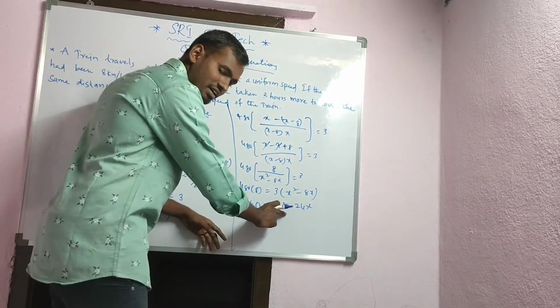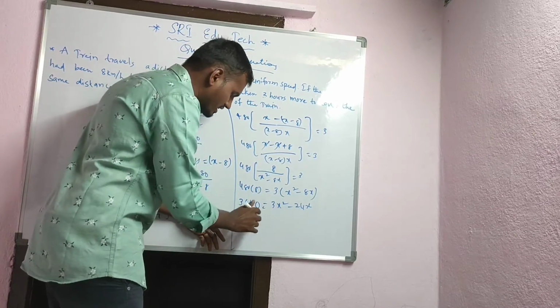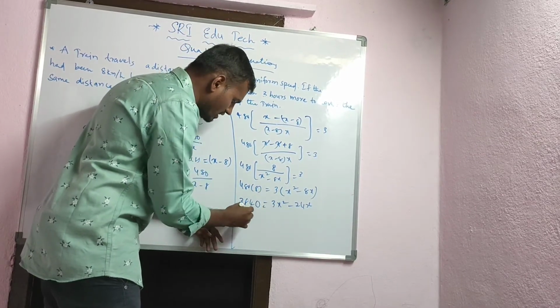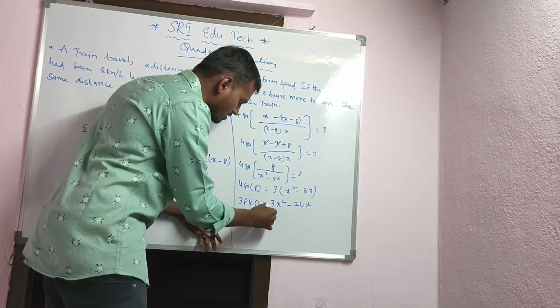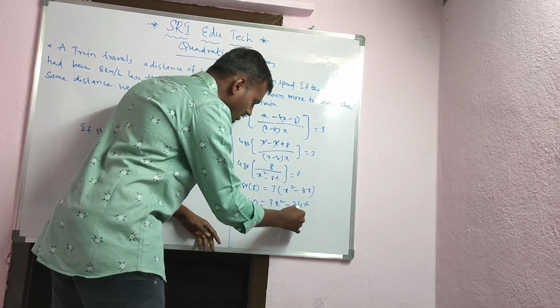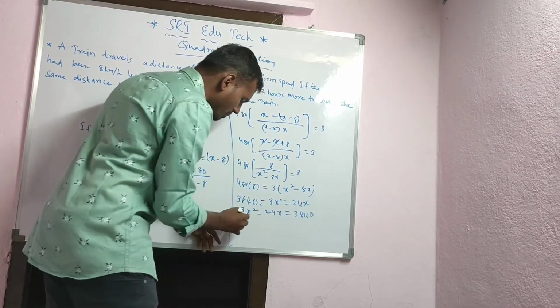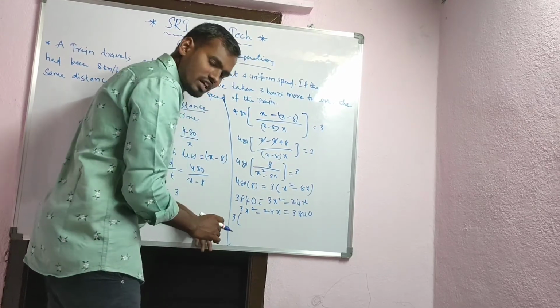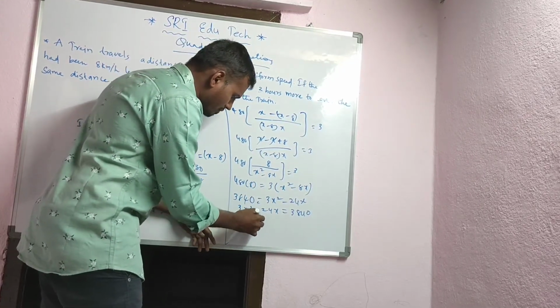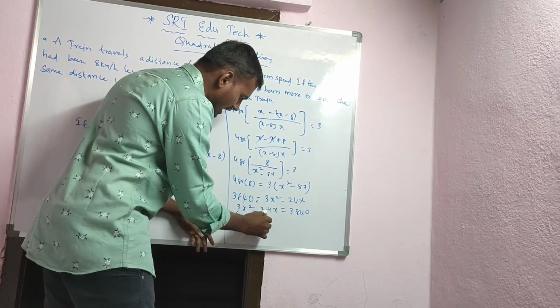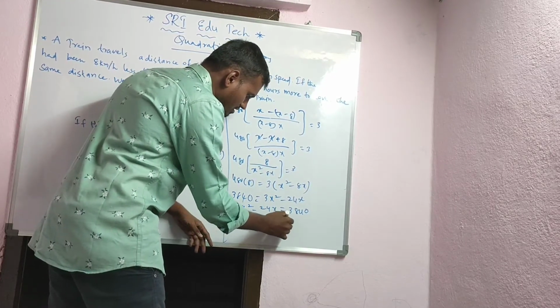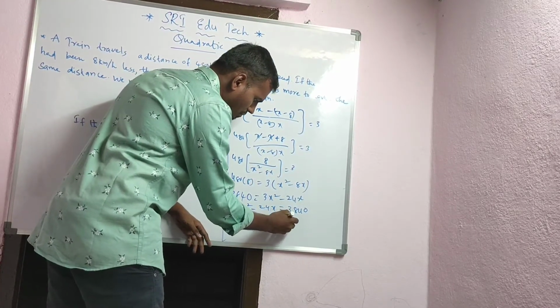So from this I am taking 3 common. Rearranging before that, write down 3x square minus 24x is equal to 3840. From this taking 3 common, x square minus 8x is equal to how much?